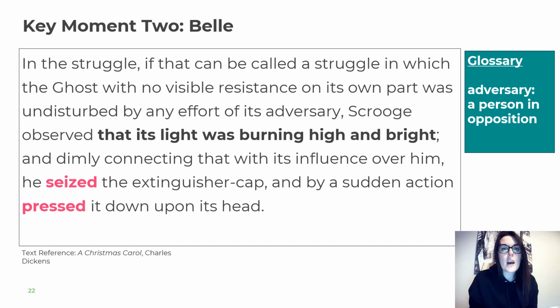So remember that one of Dickens's core messages of the novella is the importance of family, of goodwill to others, and benevolence and kindness, and he's very critical of this solitary and isolated life that Scrooge has been living. So it's a very important part of Scrooge's moral education that he sees the life that he could have had.